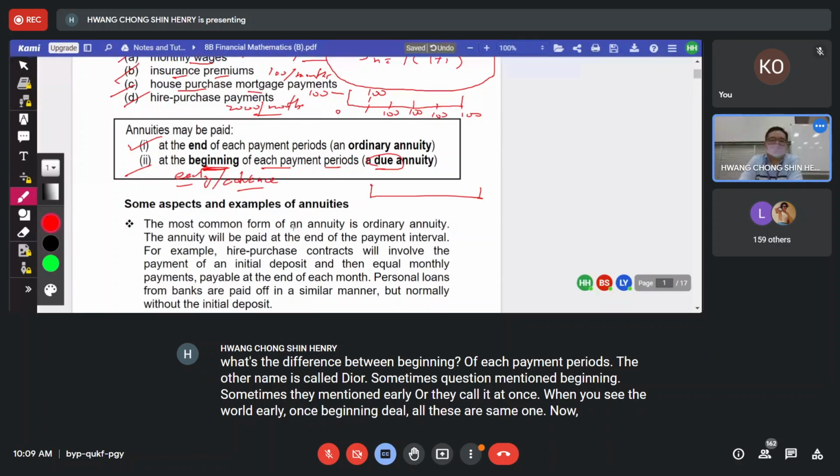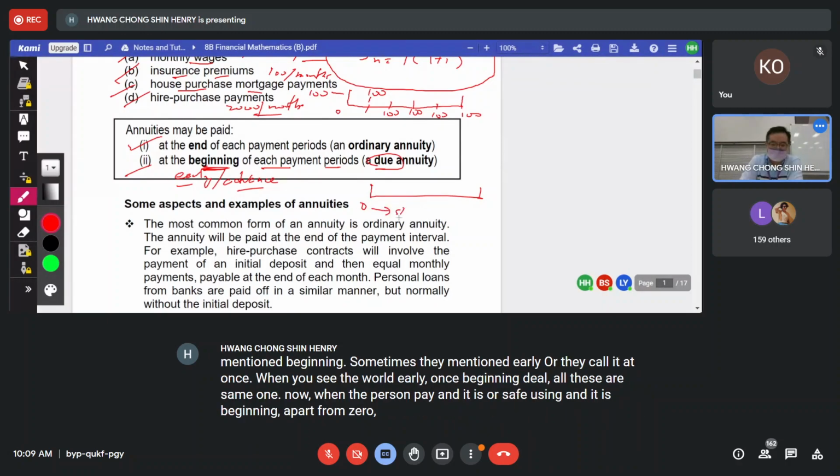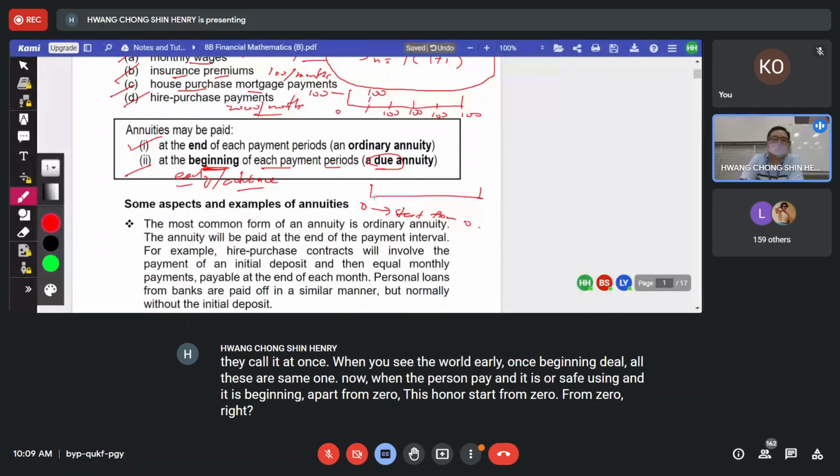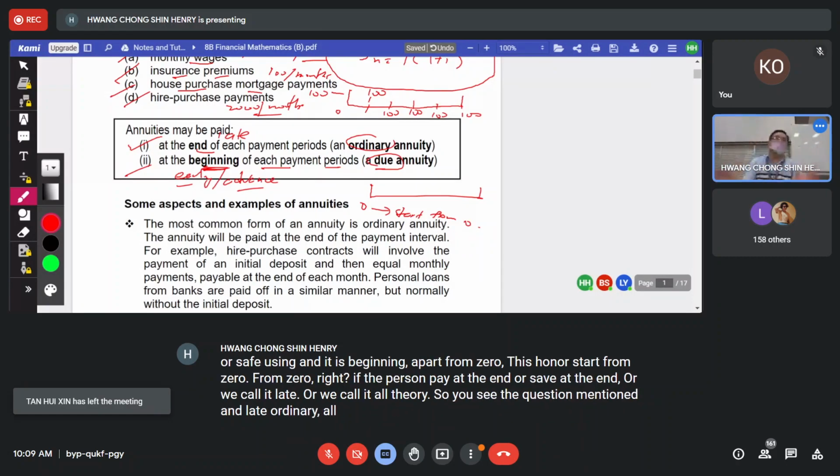Now, when the person pays annuities or saves using annuities at the beginning, start from zero. Start from zero. Right, this one, start from zero. If the person pays at the end or saves at the end, or we call it late, or we call it ordinary, so you see the question mentioned late, ordinary, all these have the same meaning.